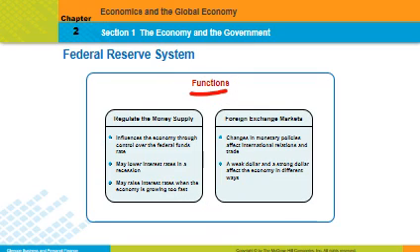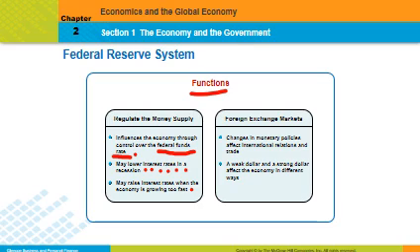And the function of the Fed is to regulate the money supply and regulate foreign exchange markets. So it influences the economy through control over the federal funds rate. When you talk about the interest rate, or the Fed interest rate, that is called the federal funds rate. It can lower rates in times of recession, and it raises rates when the economy is growing too fast. Back in 2008, 2009, 2010, it was lowering interest rates because the economy was in a recession.